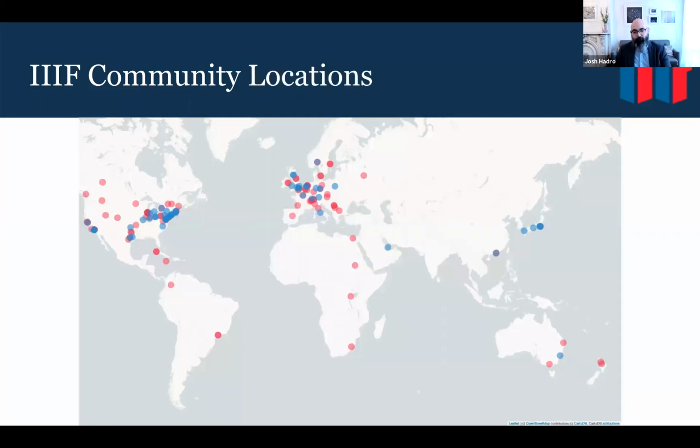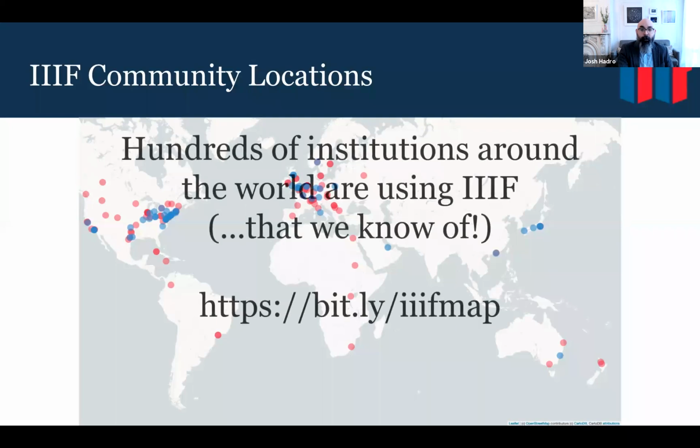So this is a view into all the places that we know of, just the broader community implementations. The red dots are just institutional implementations that we know about. The blue dots are actually members of the IIIF Consortium, the institutions that contribute financially to make this kind of event happen and to make sure that we can support all the different community and technical groups that are doing work each month.